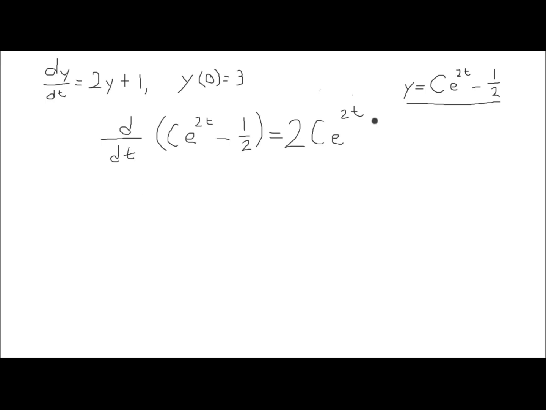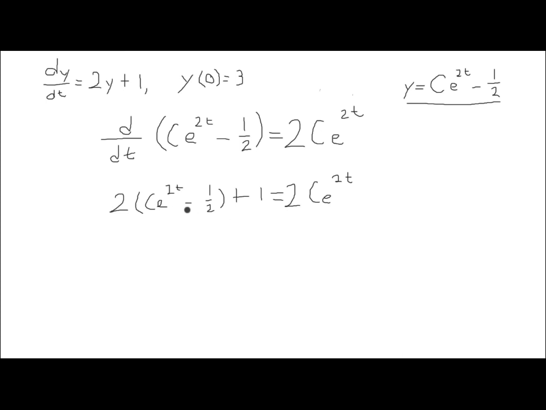Now let's plug this function into 2y plus 1. So 2 times c e to the power of 2t minus 1/2, plus 1. So 2 times c e to the power of 2t is 2c e to the power of 2t.